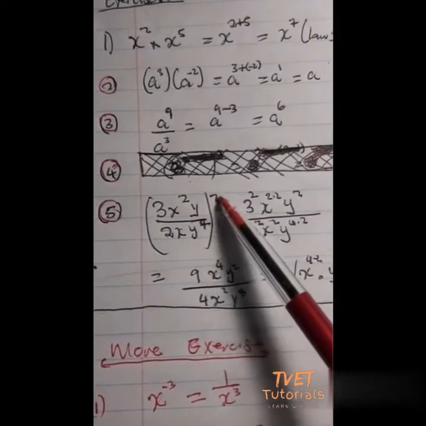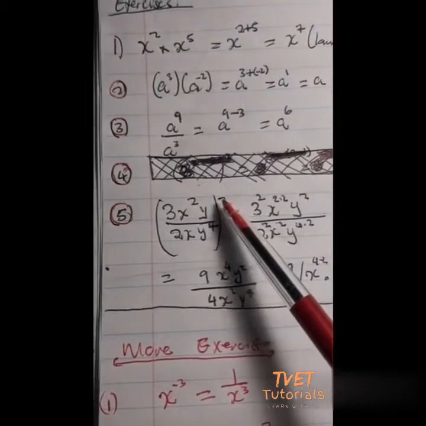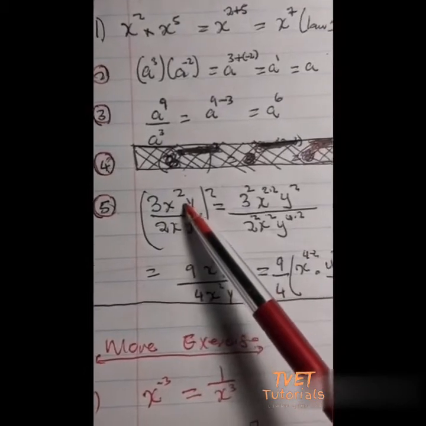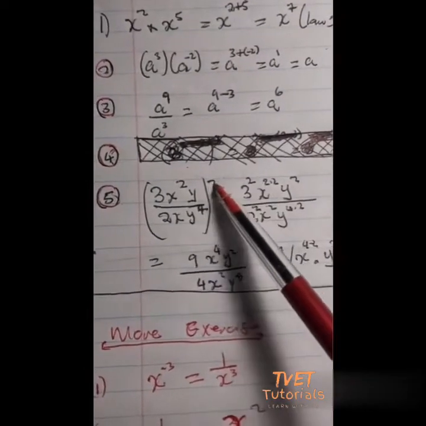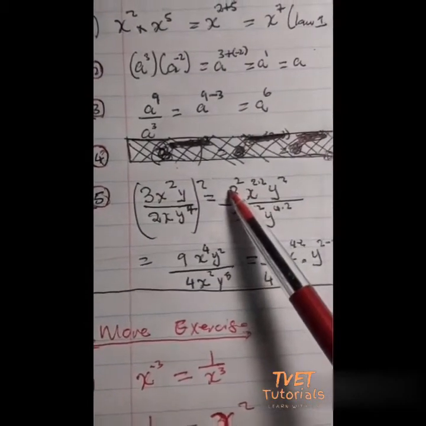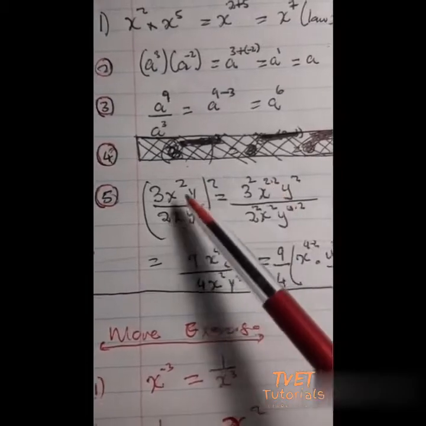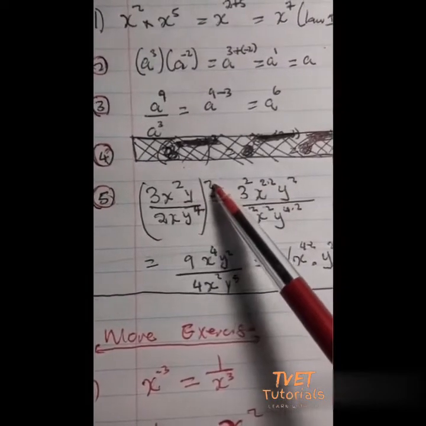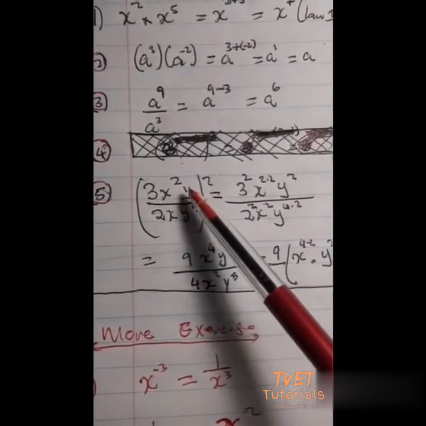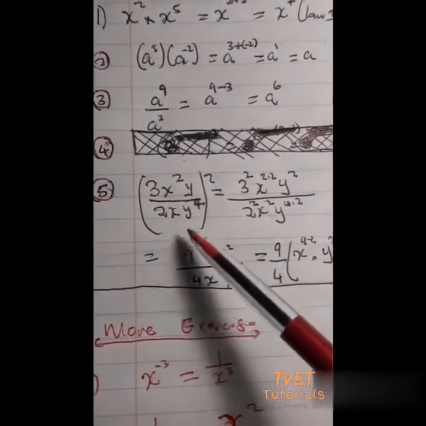To do that, I multiply in the exponent, and I must multiply each and every term that is inside my brackets. So that becomes 3 to the power 2, multiplied by x squared times 2, multiplied by y to the power 2. So I multiply the 2 into each number inside my brackets.